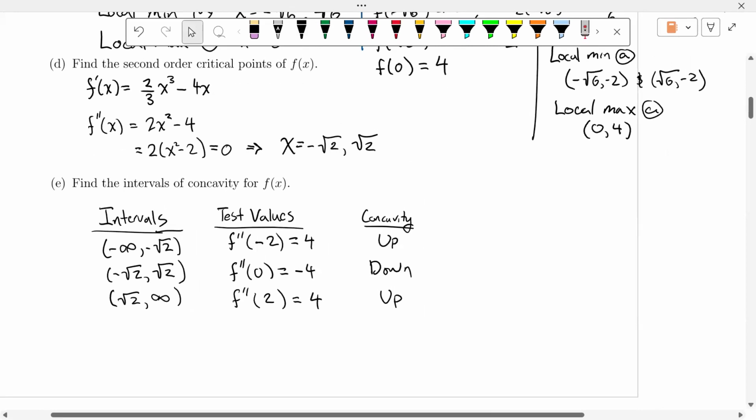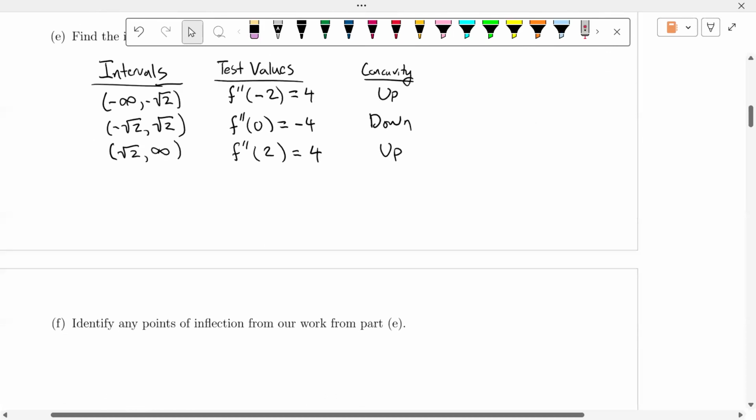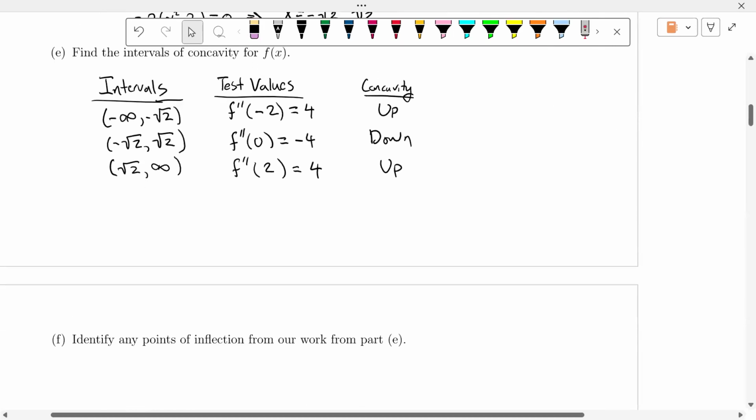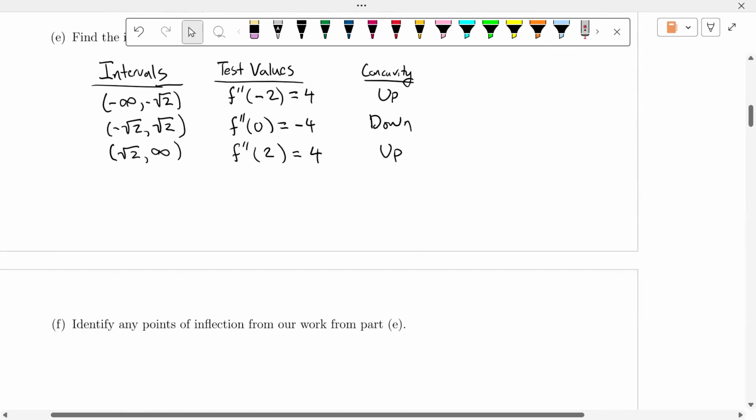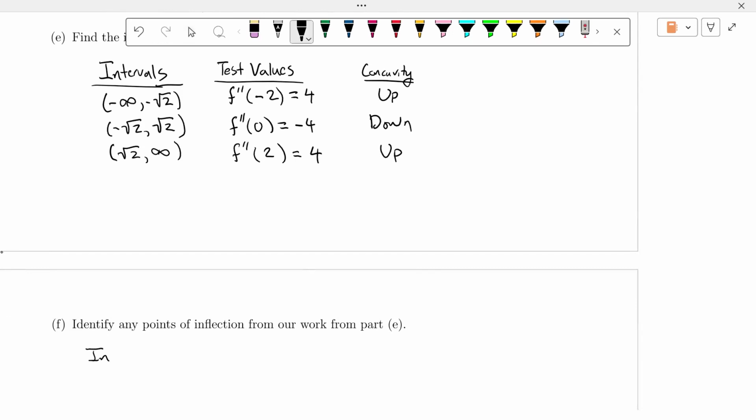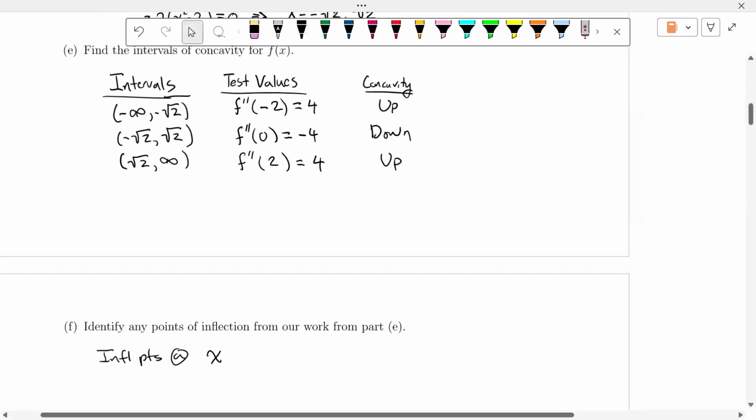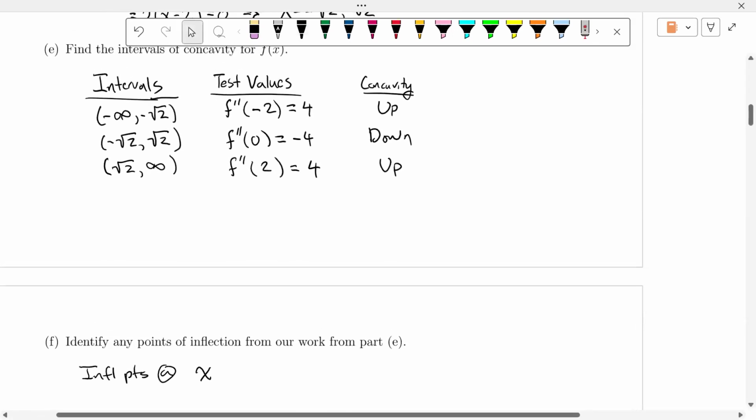Now the next part asks us to find any inflection points. Where, does anyone see where there are inflection points? Where are they at? You kind of have to look back at your concavity table to see it.